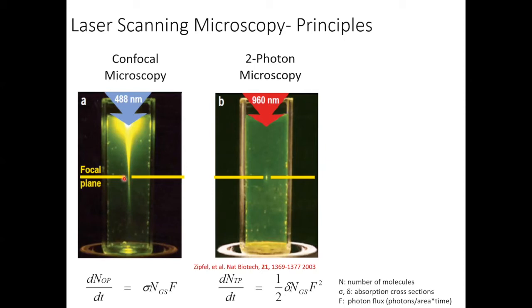That's done with spatial filters introduced in your detection path. It's been very helpful and is still a workhorse for various biological applications, and technologically it's cheaper in some ways, but I would argue that two-photon excitation, multi-photon, is superior in terms of the advantages and capabilities that it offers.